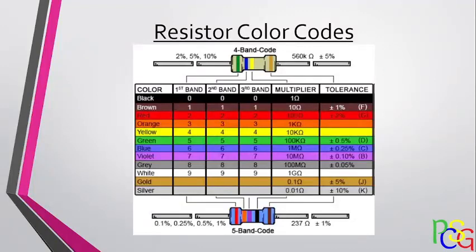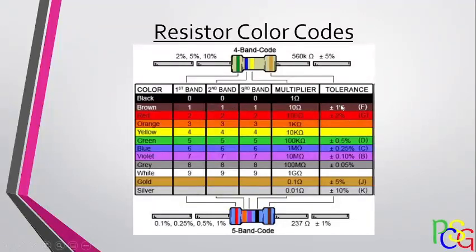I've always seen 999 ohms or 0.9k ohms, something like that, with just a small margin of error. It's a very small margin of error, but that is what the tolerance is used for.